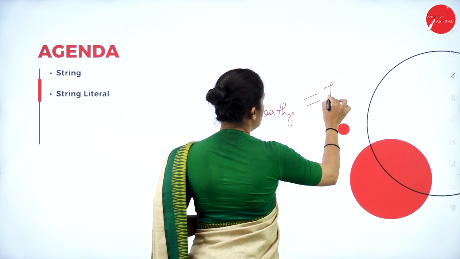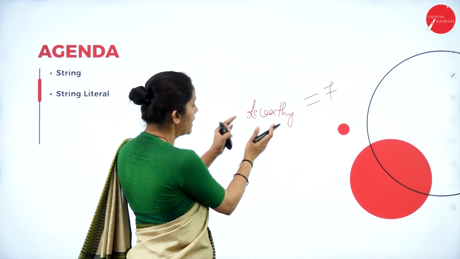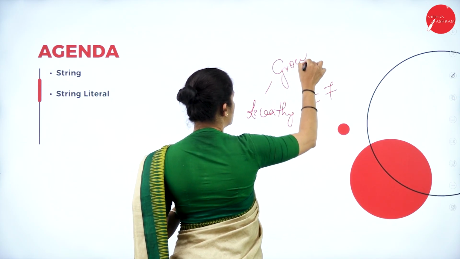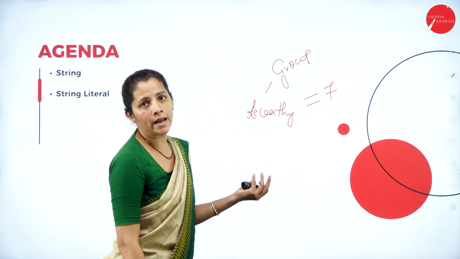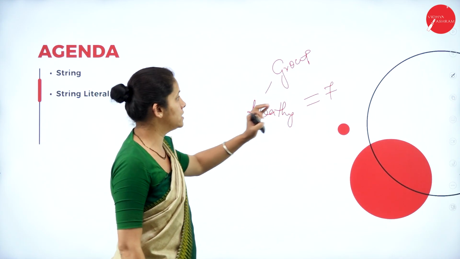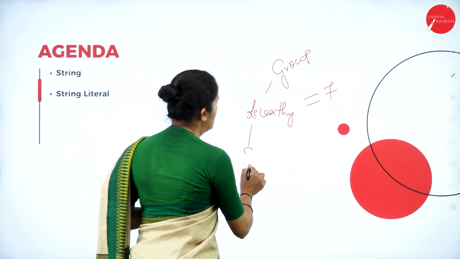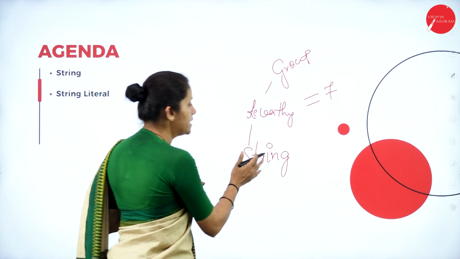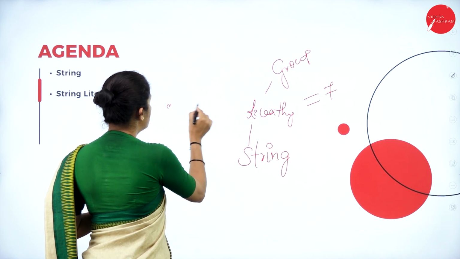I have 7 characters, so I can call this a group of characters. A group, collection, or sequence of characters is known as a string. Now, a string can be written within double quotes.